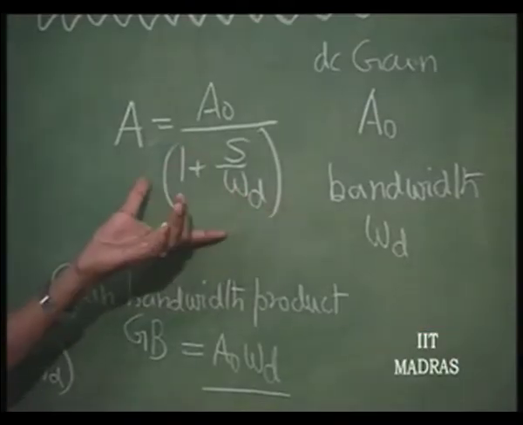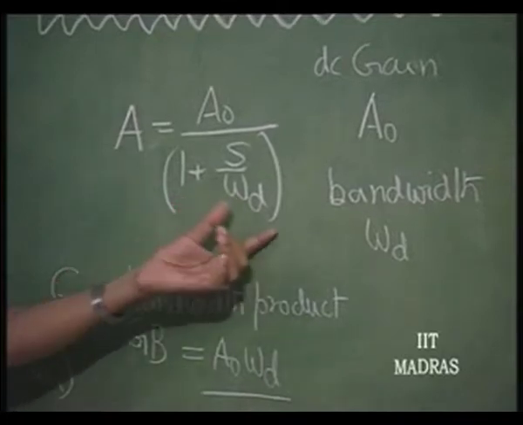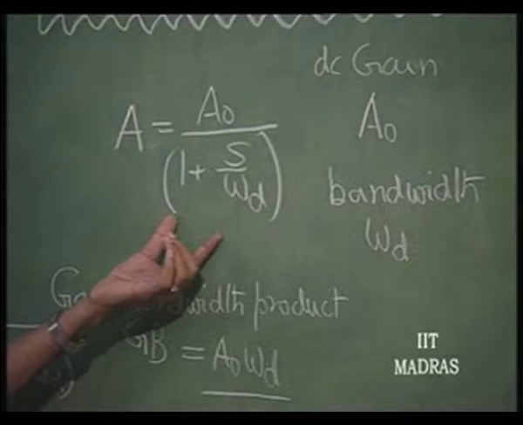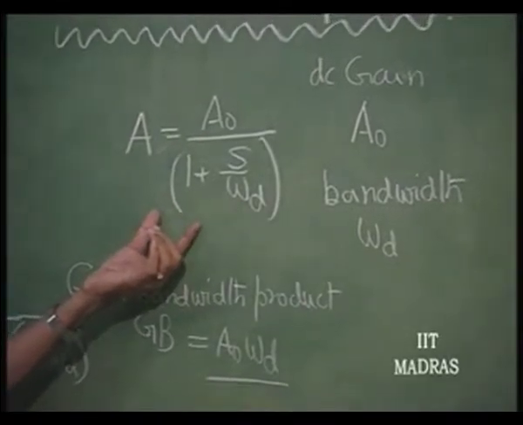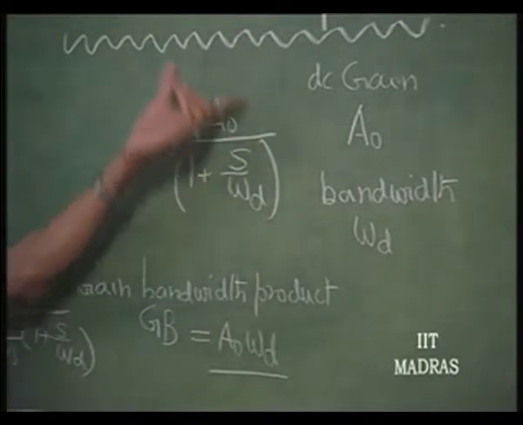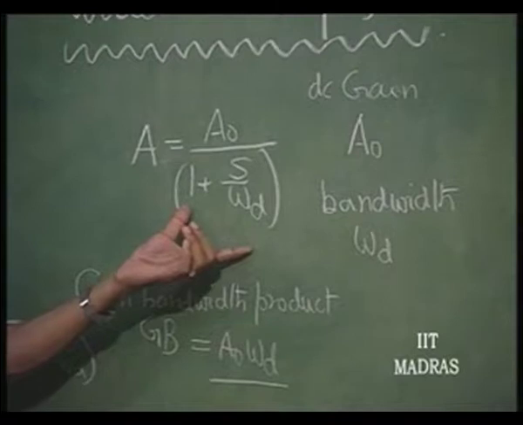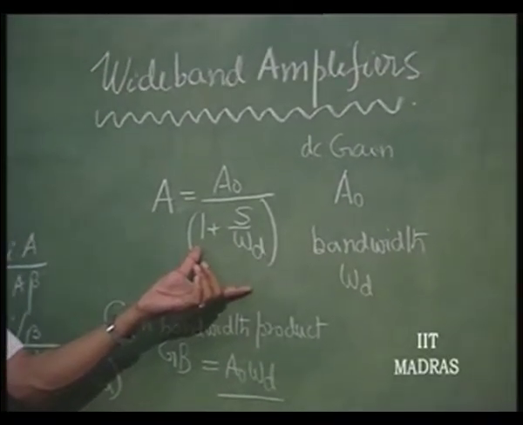In the process, we were cutting down the bandwidth in order to make it work with negative feedback. This is where the negative feedback fails to give you the widest possible bandwidth.